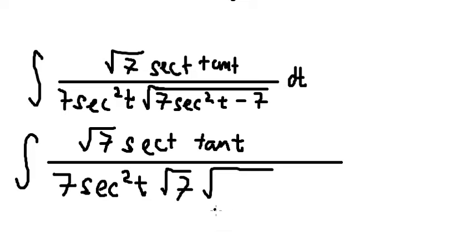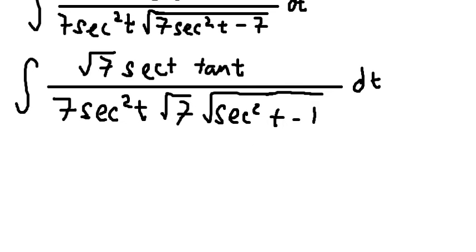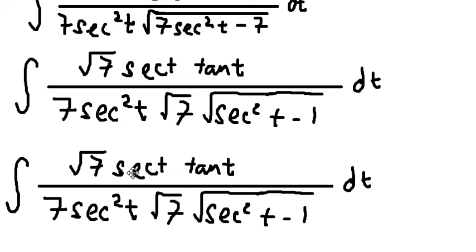This one we got about secant of t square minus number 1 dt. So this one we got about tan t square, the square root of tan t square, you got about tan t.